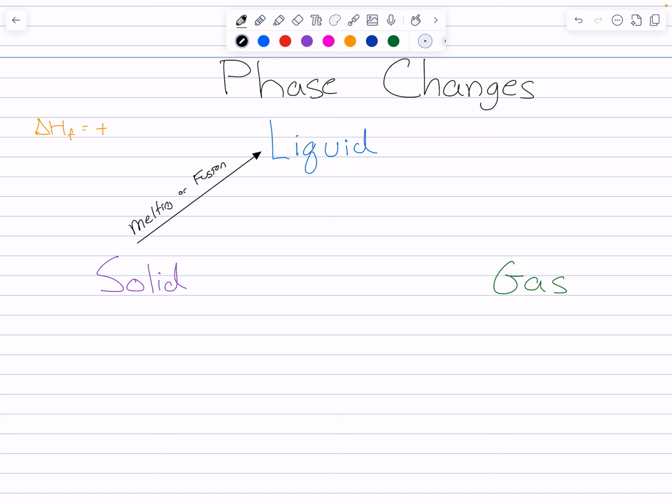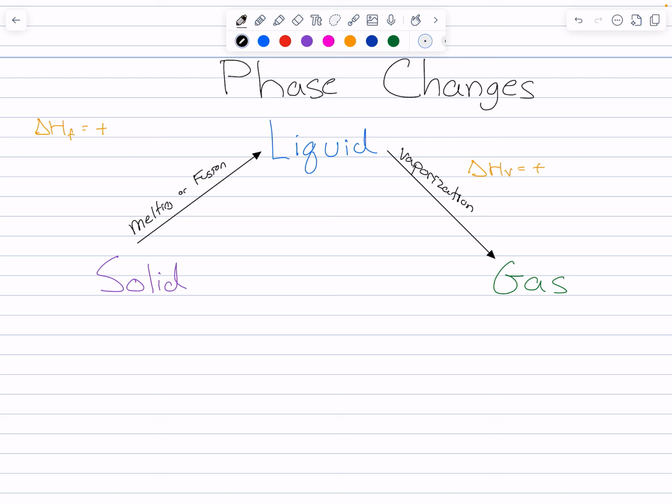And then when we go from a liquid to a gas, we call that vaporization. And that also is a delta H that is positive. It takes energy to take a liquid to a gas.